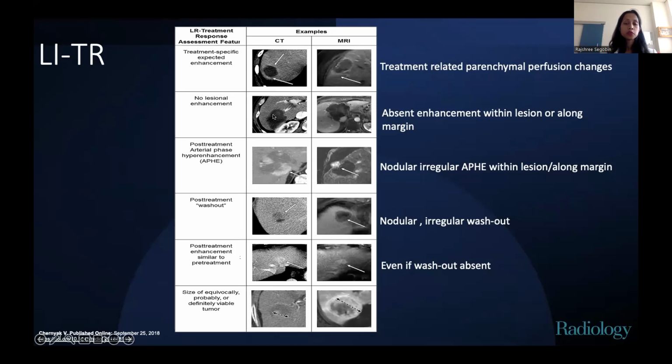But if you want non-viability, you would expect to see no enhancement at all within the lesion or along the margin, but the presence of nodular thick enhancement within the surgical margin of resection and within the tumor itself would count as post-treatment arterial phase hyperenhancement. And the presence of washout on its own is enough to call, nodular washout is enough to call this viable tumor. And even if there is no washout, but you see an enhancement which is similar to pre-treatment imaging, this counts as viable tumor as well.